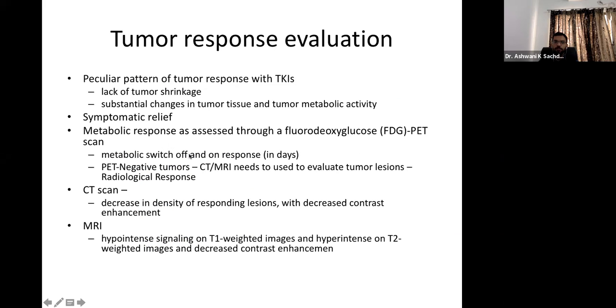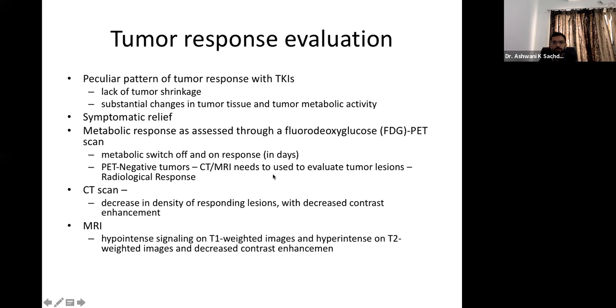And metabolic response as assessed with PET scan is very fast in GIST responding to TKI. It is like a metabolic switch which is turned off within days of starting treatment.